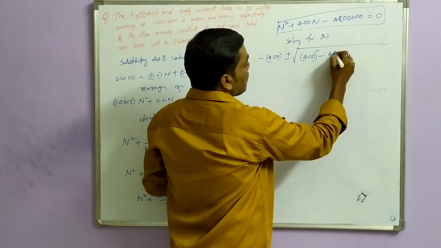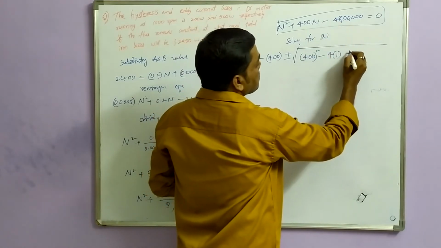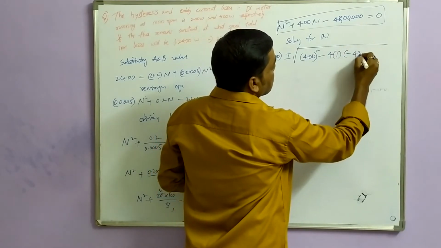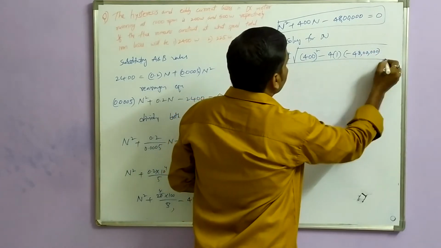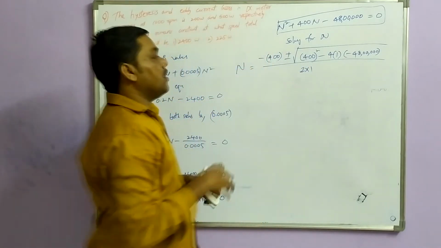So what is the a value? 1, and what is the c value? Minus term is there, so you have to substitute carefully the minus term for this. Now divided by 2 into 1, so this will be the n value.